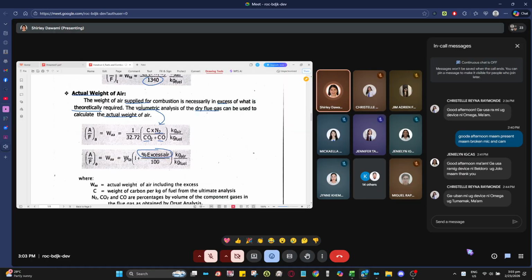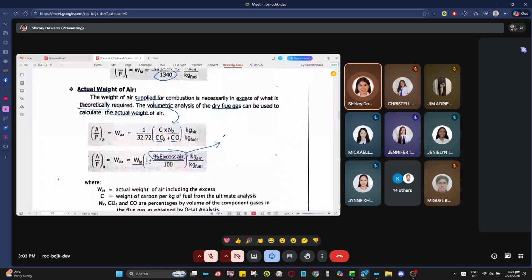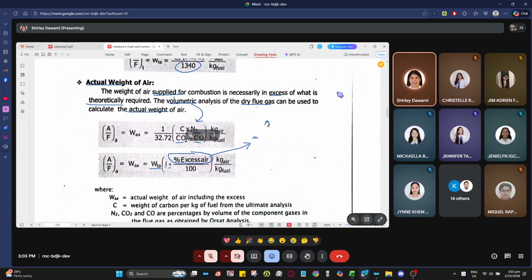So that is the theoretical weight of air, or the theoretical or minimum amount of air, times 1 plus percent excess air divided by 100, where the percent excess air is equal to the actual air-fuel ratio minus the theoretical air-fuel ratio, divided by the theoretical air-fuel ratio, times 100.